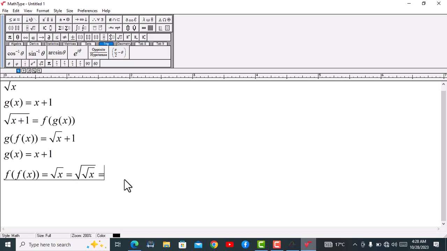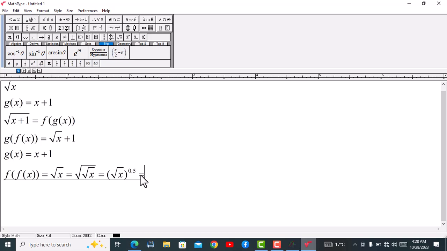And I can simplify this. How can I simplify that? I can leave what is inside. I'm going to say the square root of x and remove the outer square root by having an exponent of 0.5.